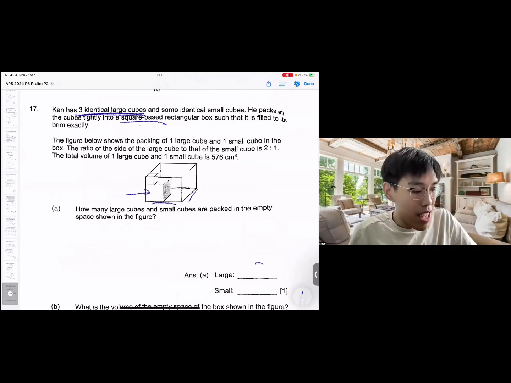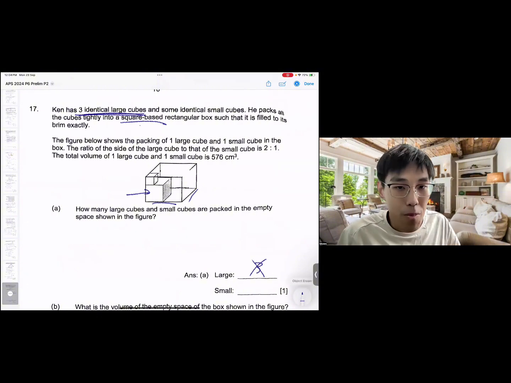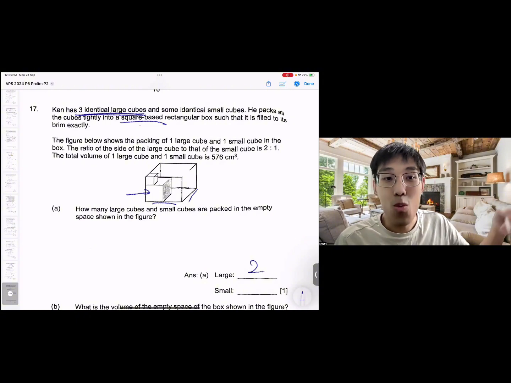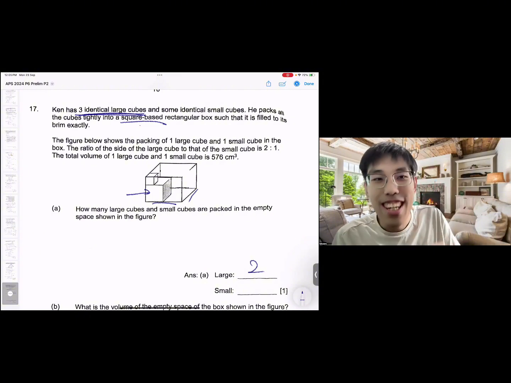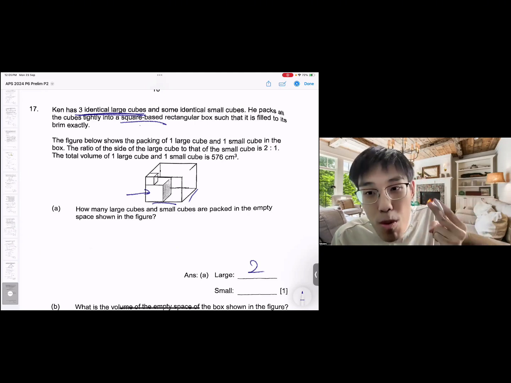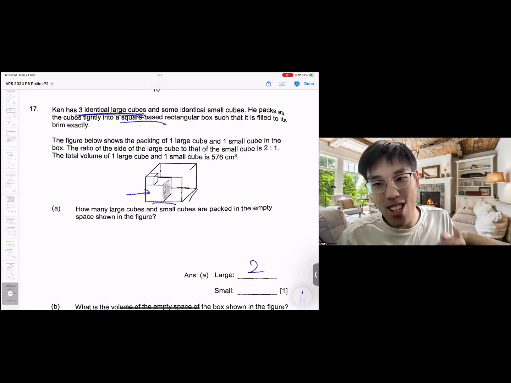If you write 3 here, you are wrong. How many large cubes and small cubes are packed in the empty space shown in the figure? You can only pack 2 more because 1 is already inside. So you have only 3 cubes. You can take out 1 that's in the figure. You can only pack 2 more in the remaining empty space. So this is actually a trick question.